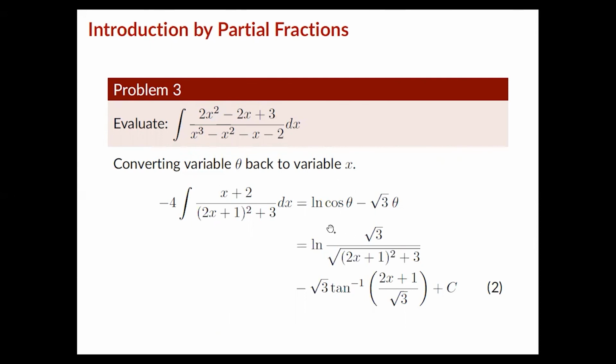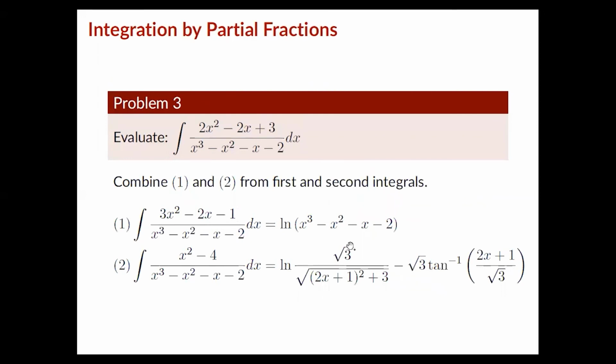So that we have this expression, the natural logarithm of cosine theta minus square root of 3 theta is equal now to the natural logarithm of square root of 3 over the square root of 2x plus 1 squared plus 3 minus square root of 3 inverse tangent of 2x plus 1 over square root of 3 plus some constant c. And that is our second integral.